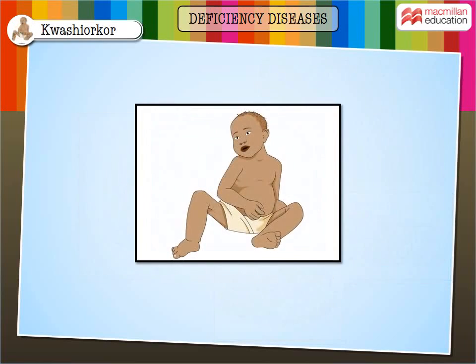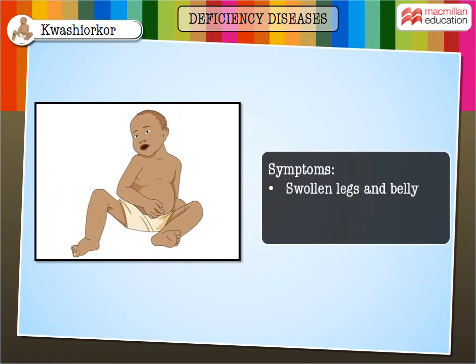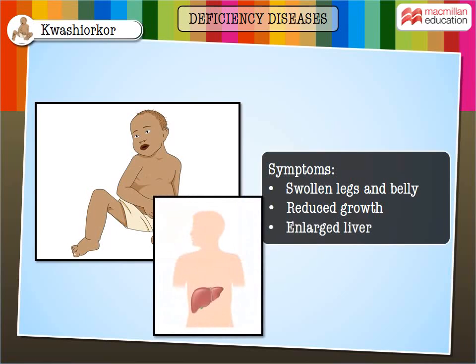The kid you see in this picture is suffering from yet another protein carbohydrate deficiency disease called kwashiorkor. Affected children have a large belly that sticks out. Their growth is reduced. An enlarged liver may be also noticed when it is diagnosed.